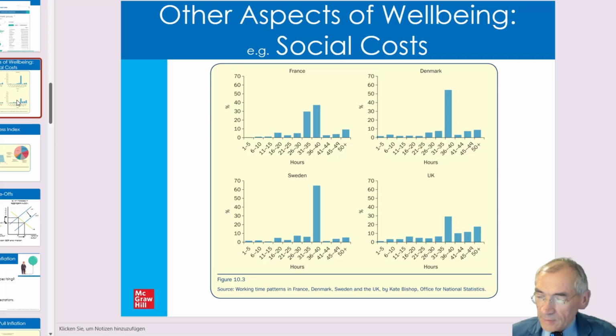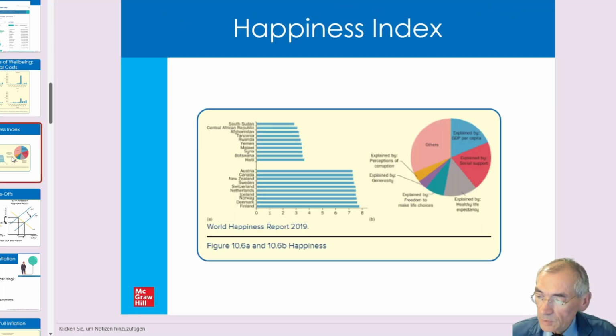Other aspects of measuring welfare via the growth of GDP are mentioned here. Aspects of social well-being, for example, social costs. A review of the happiness index.